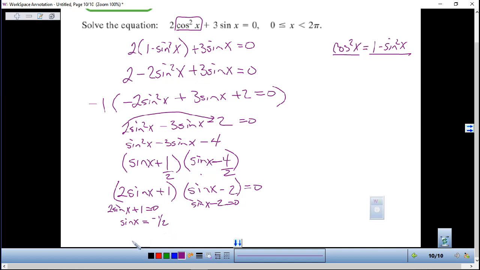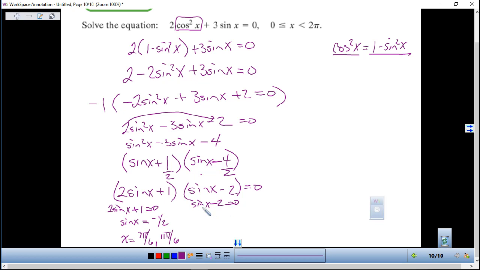We've done that already, but we'll go ahead and list them. What do we know about negative 1/2? Sine being negative means that we're going to be in quadrants 3 and 4, where y is negative, and the ones that are going to make the trig function be a 1/2 are going to be the pi over 6's. So we're looking at 7 pi over 6 and 11 pi over 6.